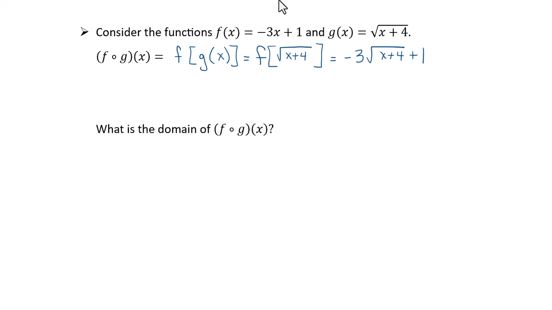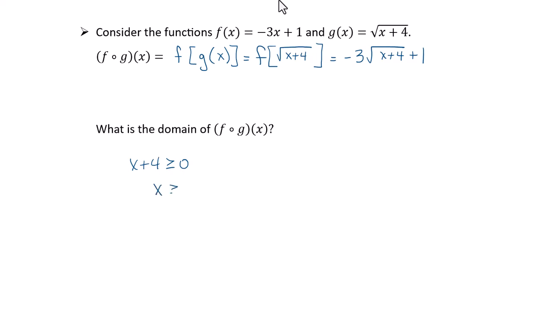Now what is the domain of this f composed of g of x? Well, we look at the inside first. That inside function is a square root of x plus 4. I know that x plus 4 must be greater than or equal to 0 for us to get real values out of that function.